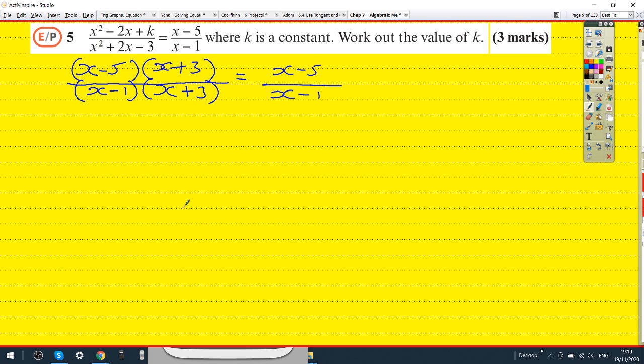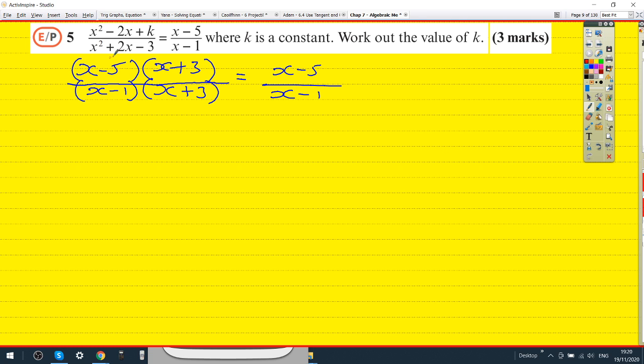And so how would you get k? k is not in any of the brackets. k is the number when you expand the brackets. So would you need to calculate by simplifying the fraction, or would you multiply the brackets together? Expand the brackets.